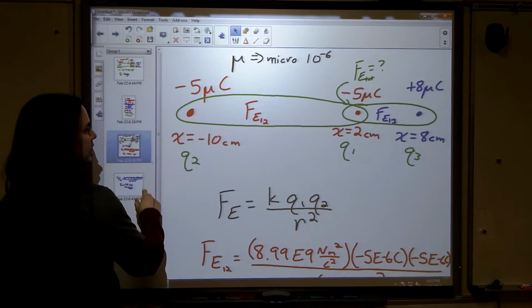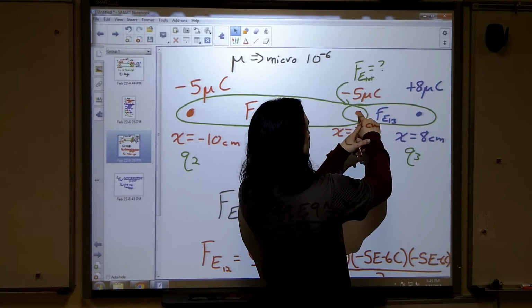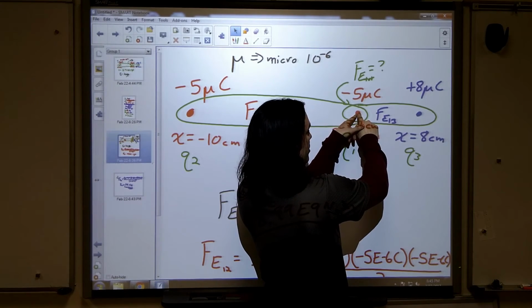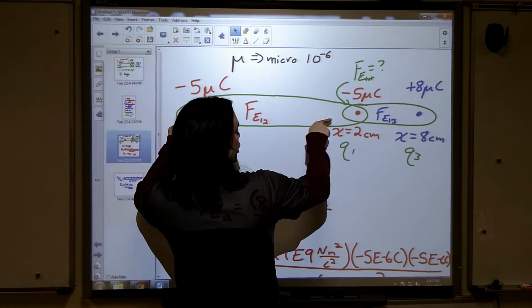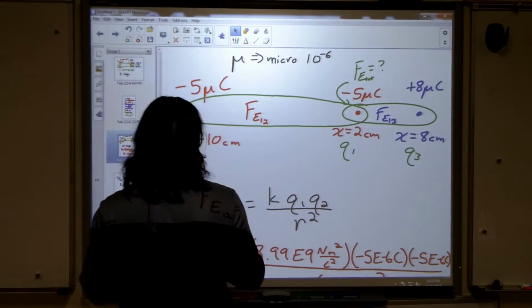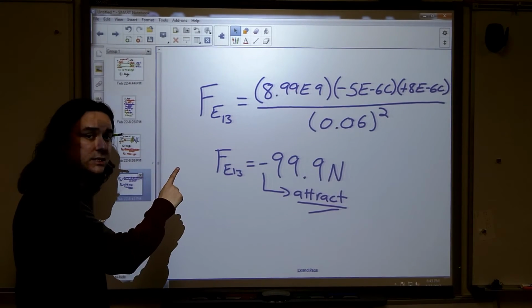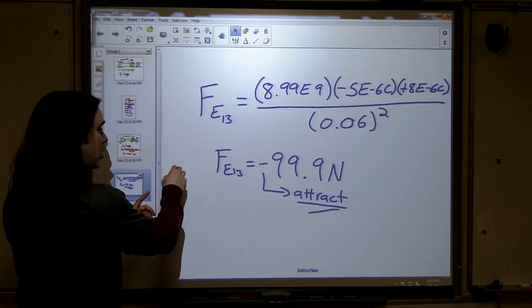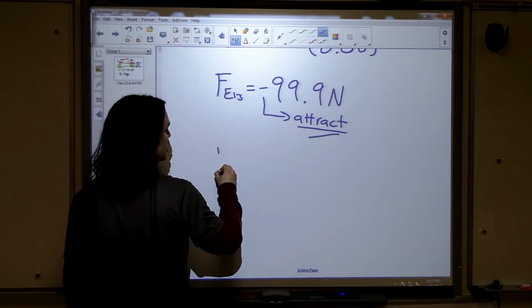So I need to go back and I need to look at this. If they attract, then the force on this negative charge here, the one I care about, is going to be pulled to the right. This negative charge is going to push this one to the right, and this positive charge will pull that one to the right. So despite the fact that one was positive and one is negative in our equation, they actually work together.